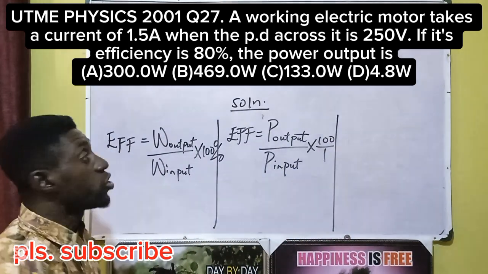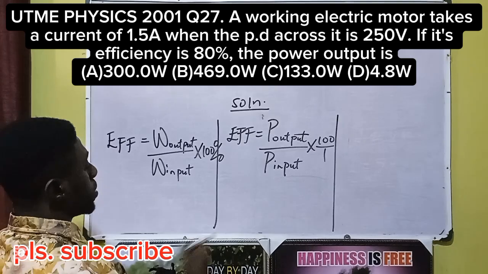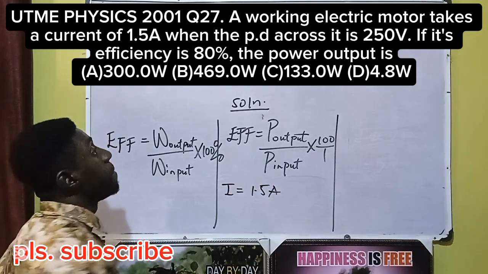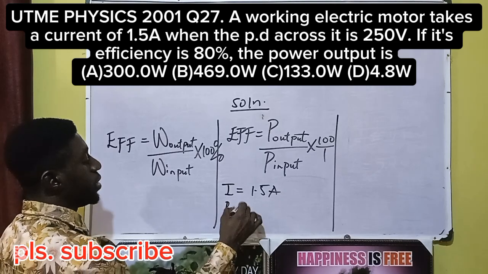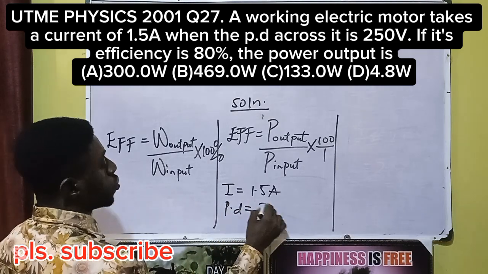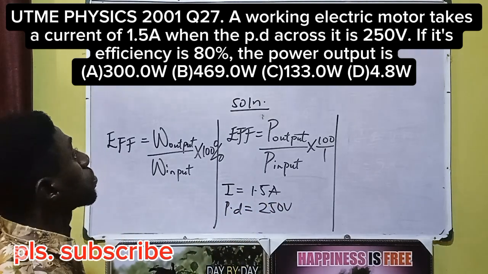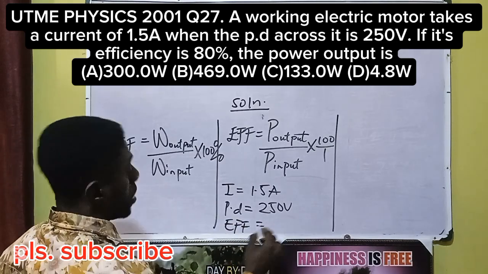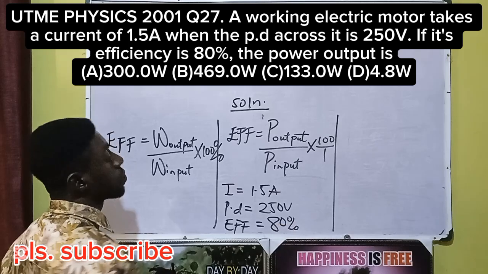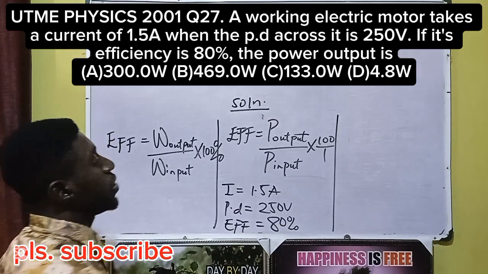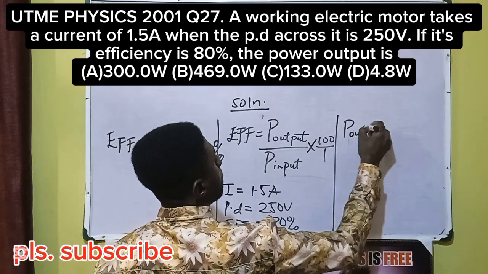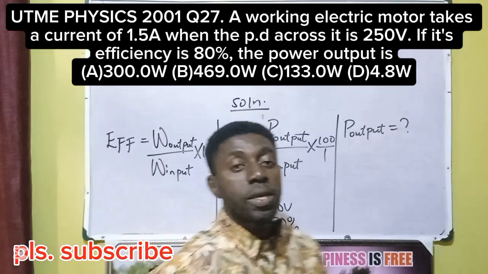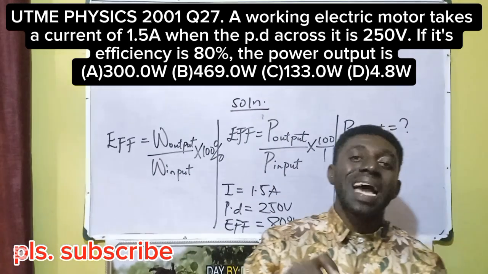Okay. Observe. From the question, we were given current. Let's get our parameters out. Current is 1.5 ampere. We were given potential difference, PD, 250 volts. We were given efficiency, 80%. Then the question is demanding for power output. So this requires the idea of electricity.